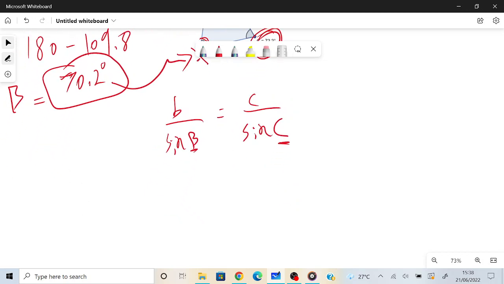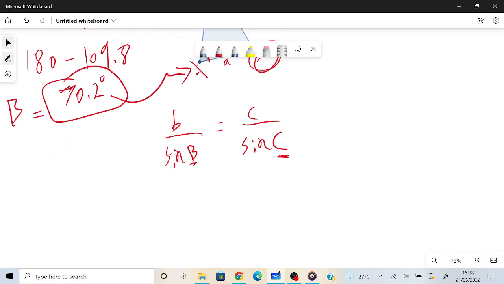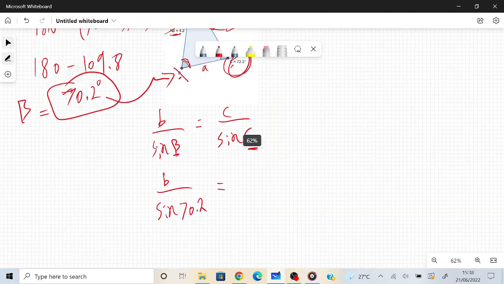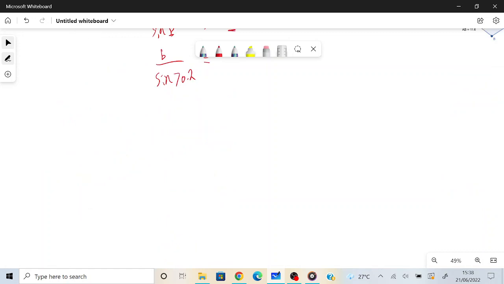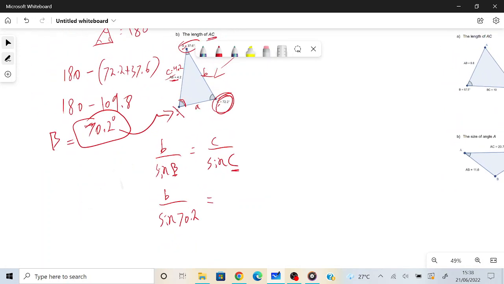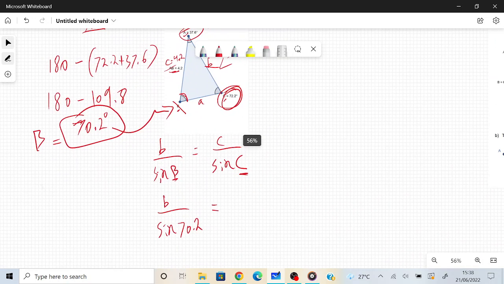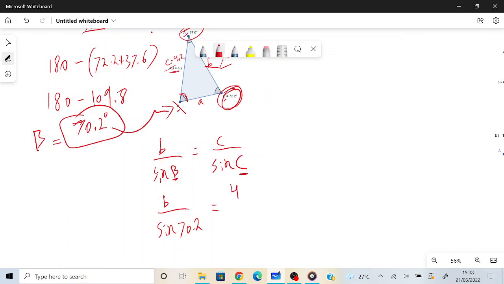So, our small b is what we're looking for. Sine B, we just found out as 70.2, equals to our small c, which is 4.2, all over sine big C, which is 72.2.